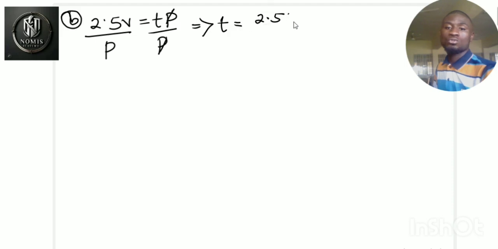So divide both sides by P, cancel P. So T becomes the subject of the formula. T is equal to 2.5V all over P.